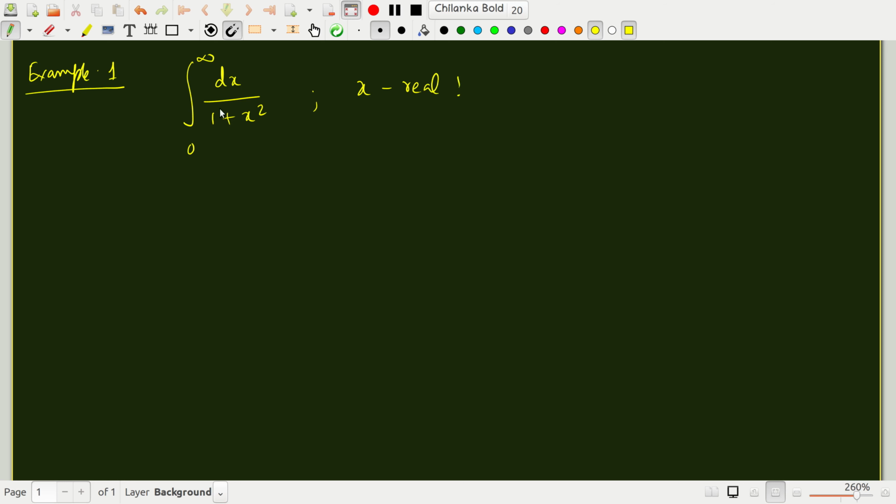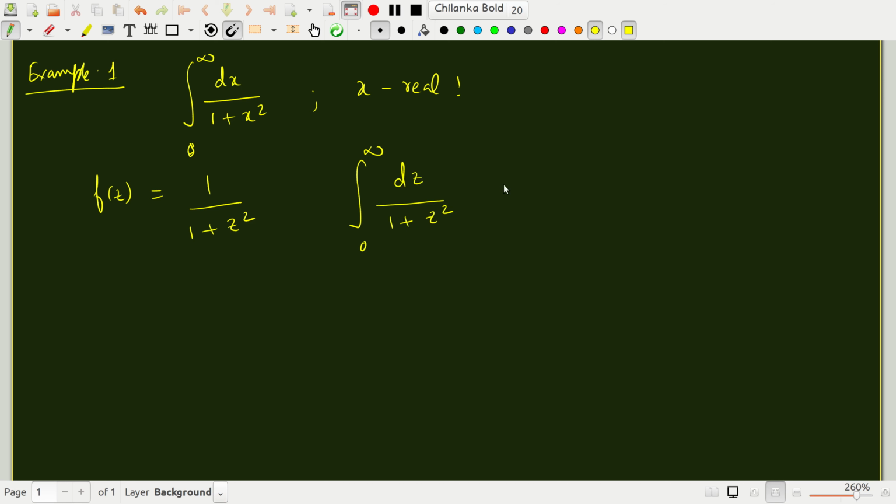Whenever you are faced with a real valued integral, you first say that instead of dx you have to convert it suitably into a complex valued function. So let's think of f of z as 1 over 1 plus z squared, and let's consider the integral dz by 1 plus z squared.